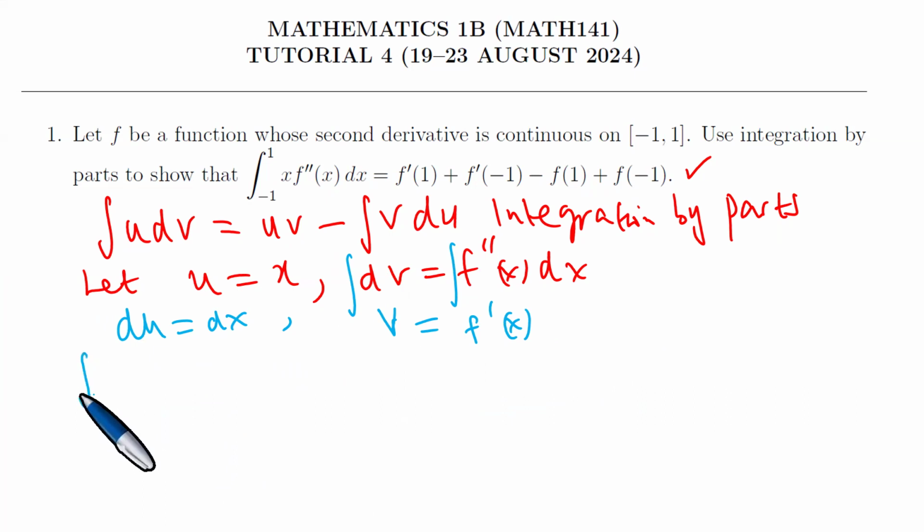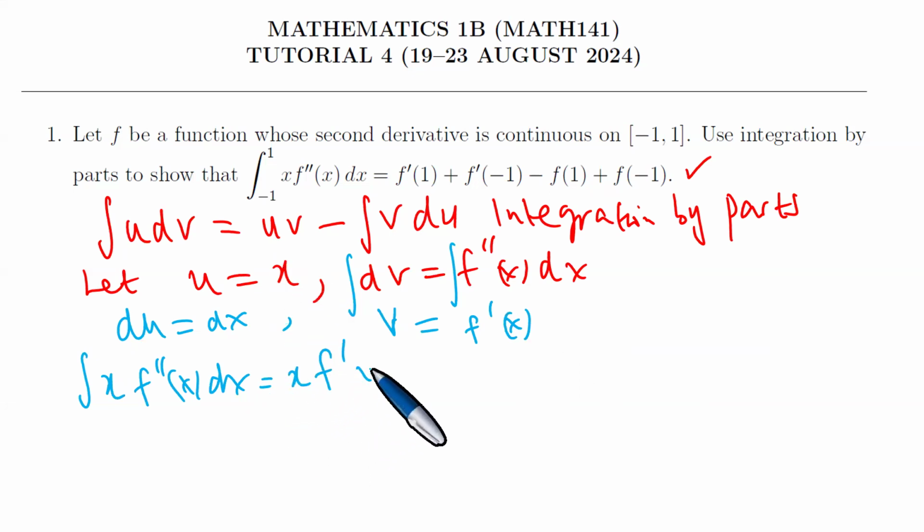So we have the integral of x f double primed of x dx. What is u? u is x. v is f primed of x. So you put u, which is x, times v, which is f primed of x, minus the integral of v, which is f primed of x, times du, which is exactly dx.